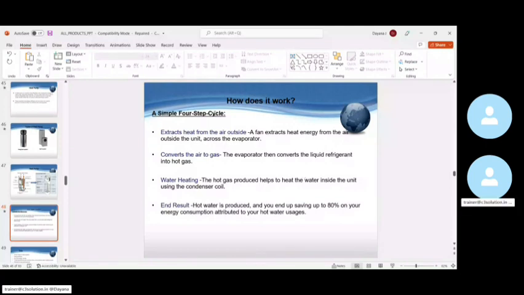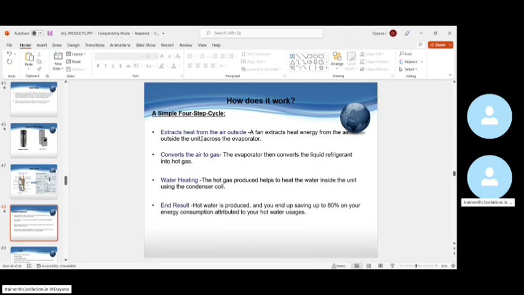First, the fan extracts the heat energy from the air outside. Second, across the evaporator, the liquid refrigerant is converted into hot gas. Then how is the water getting heated?